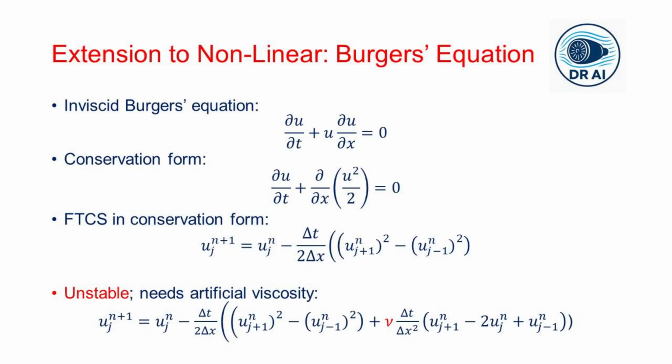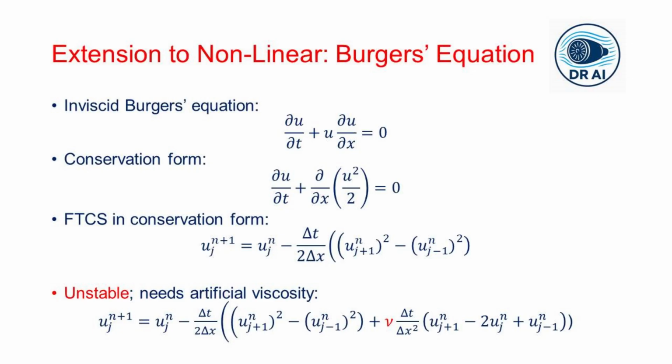It can be written in conservative form as displayed: partial u over partial t plus partial over partial x of u square over 2 equals 0. Applying the FTCS in conservative form would give us the final FDE, the finite difference equation of this PDE.